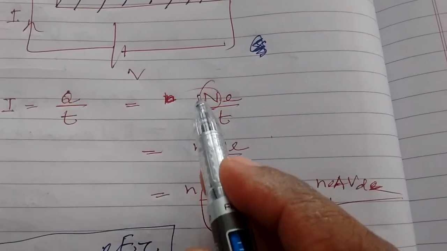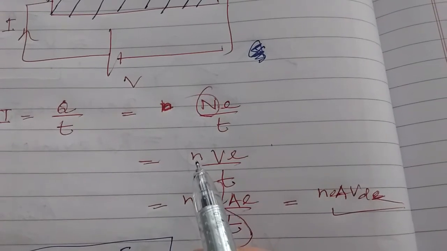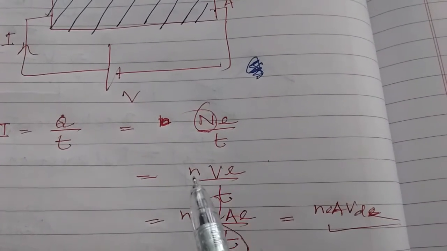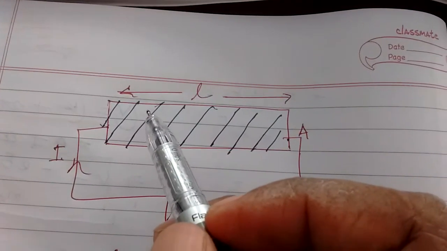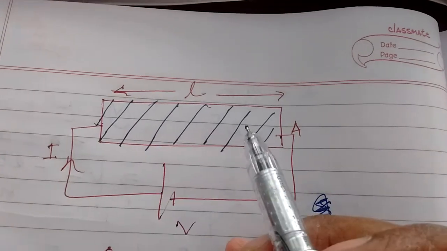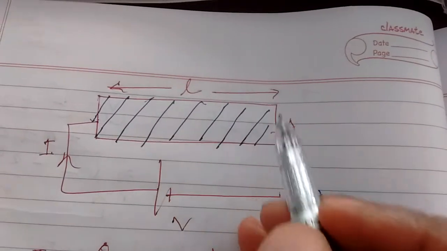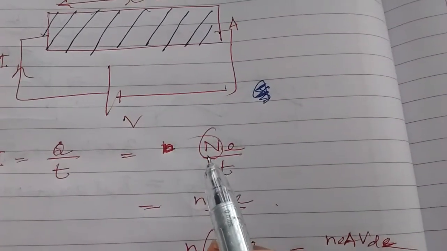Then what is the total number of electrons in this volume? It is nothing but concentration of electrons into volume of that material. What is concentration? Concentration is nothing but number of electrons per unit volume. Number of electrons per unit volume into volume of that material is nothing but total number of electrons present in that material.